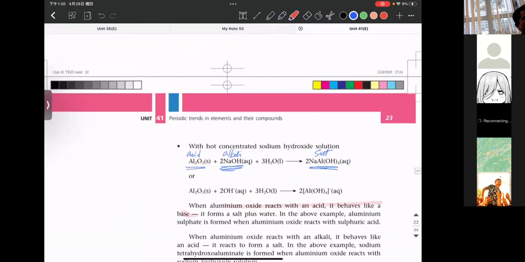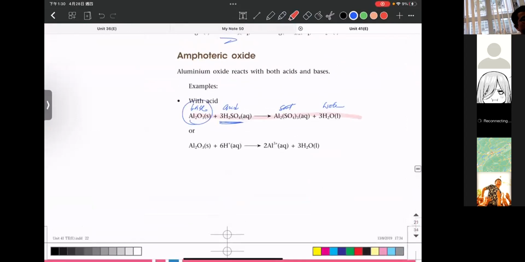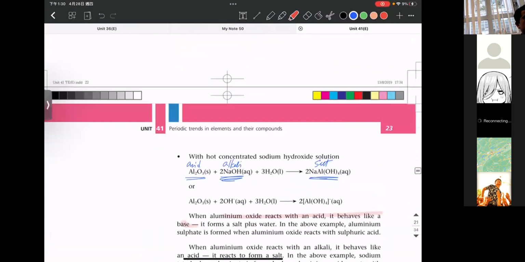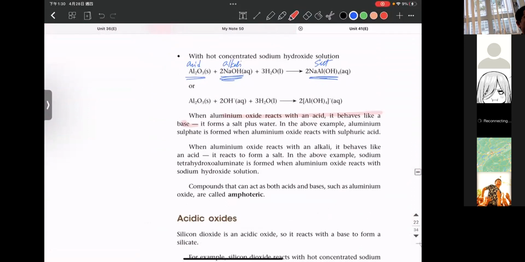Okay, now this one is an example. But on the other hand, you may find aluminum oxide reacts with alkali, it behaves as an acid. I put this as an example and you can get what I mean. What is that? This one, we call sodium aluminate. Do you still remember that chemical?